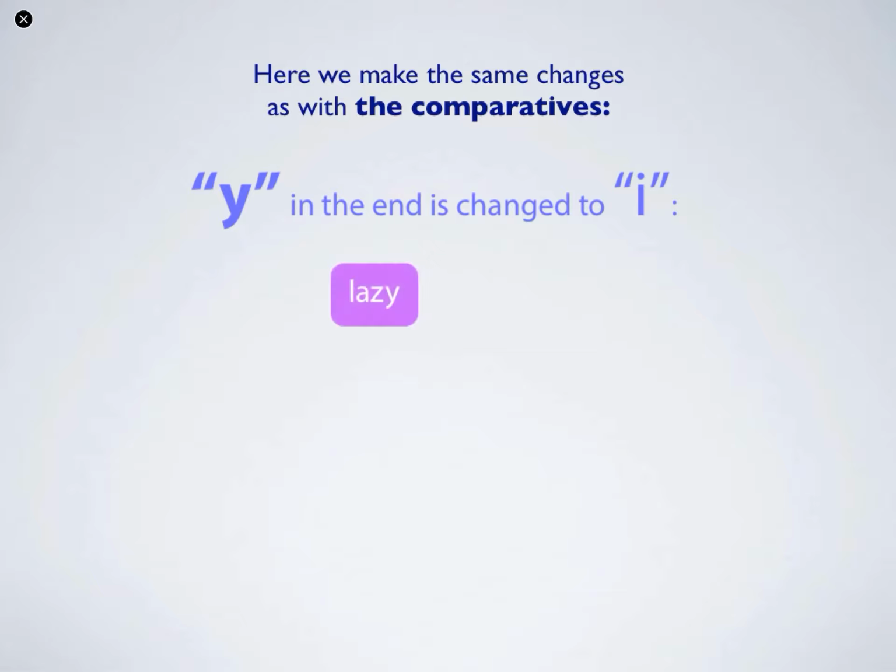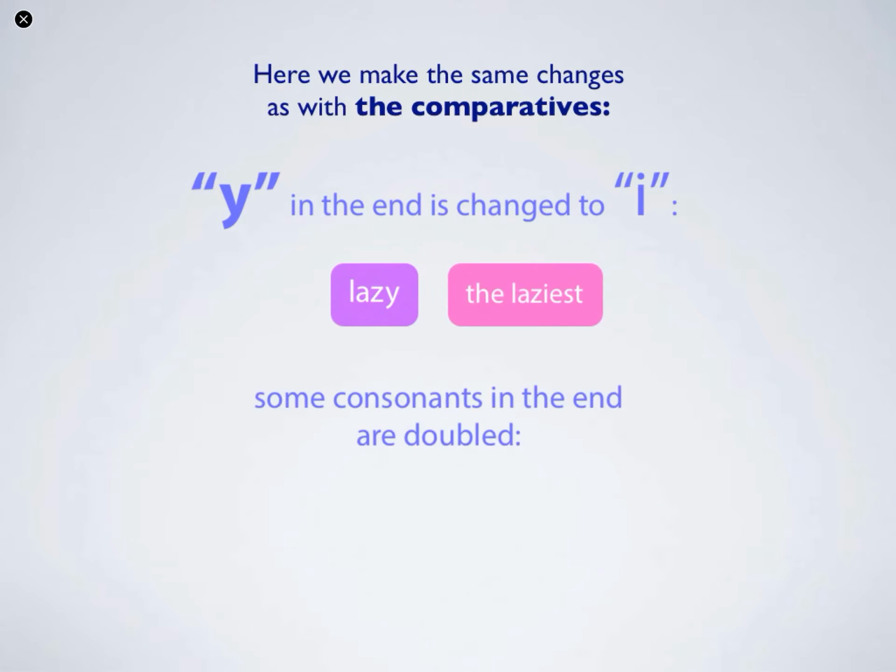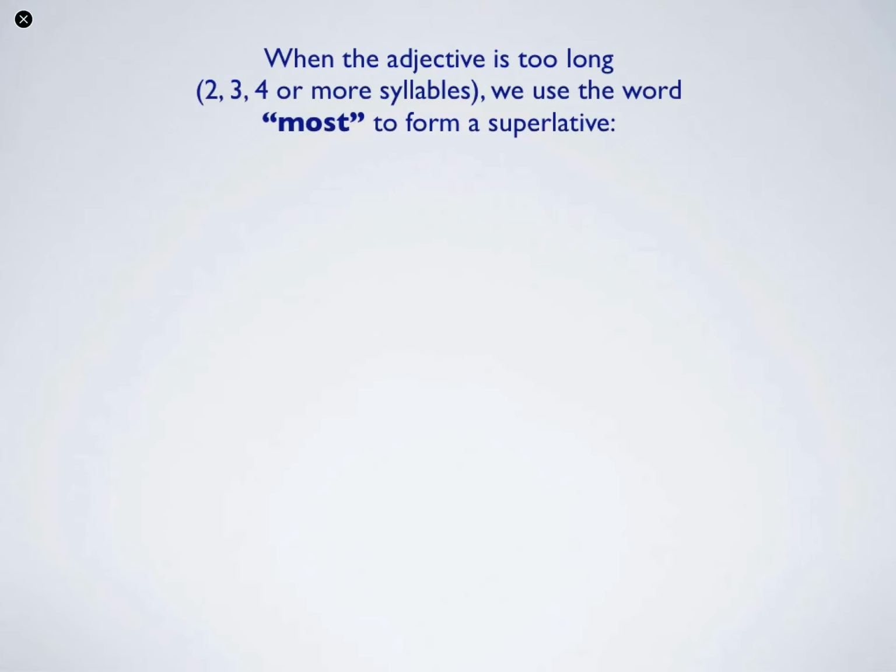The change that we make with Y also happens in the superlatives: take off the Y and change it into an I. And sometimes the consonants are also doubled. So all those changes that we made in the comparative are also valid for the superlative.